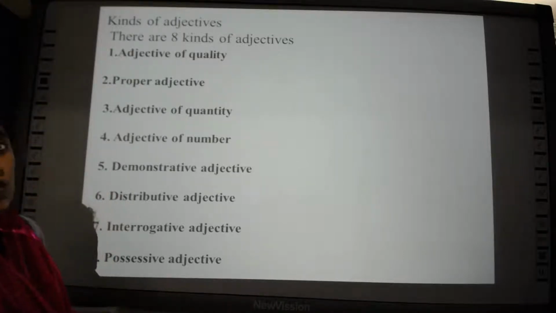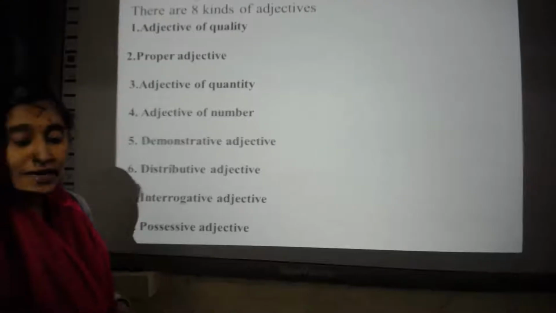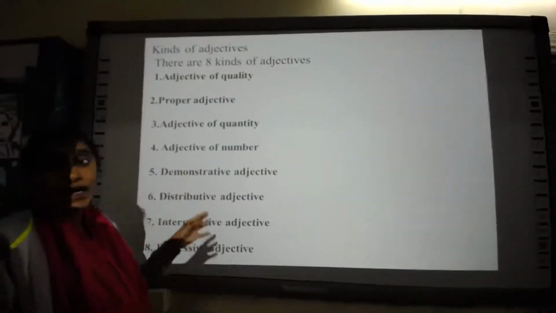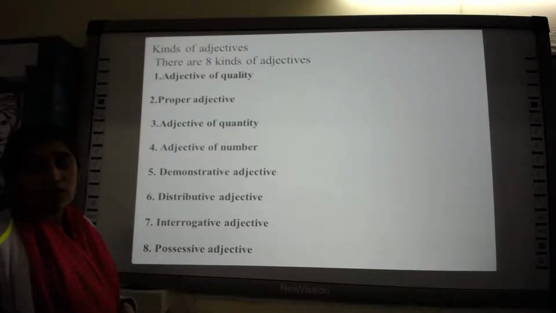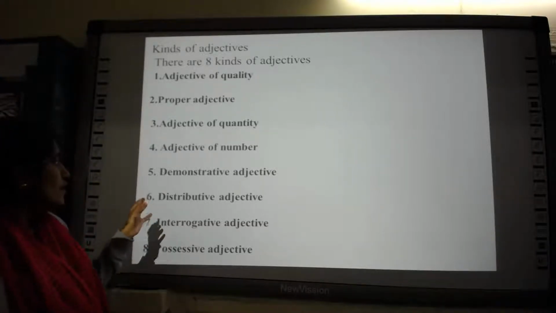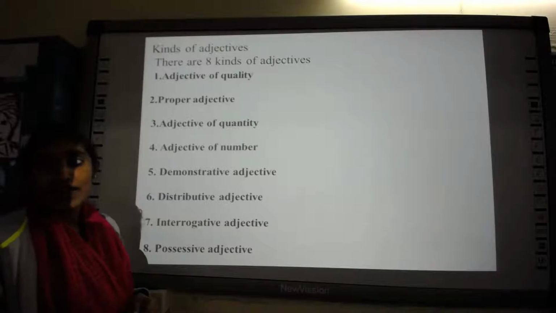Next one is adjective of number. Fifth one, demonstrative adjective.